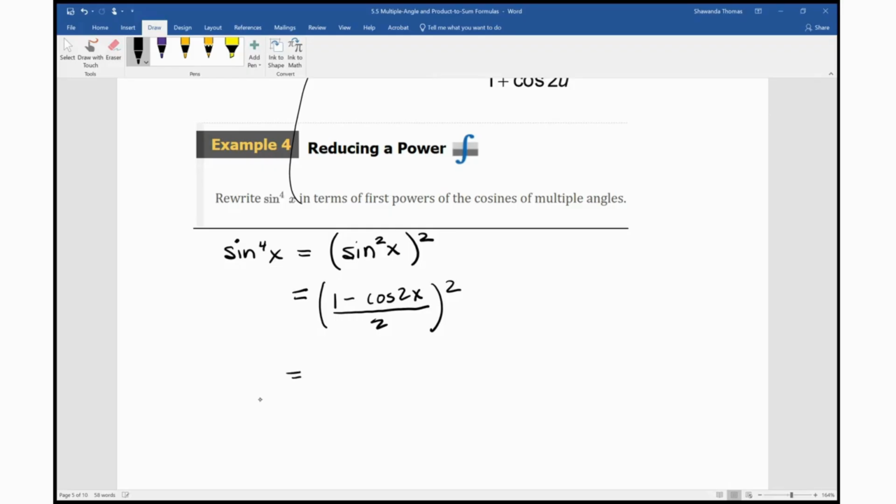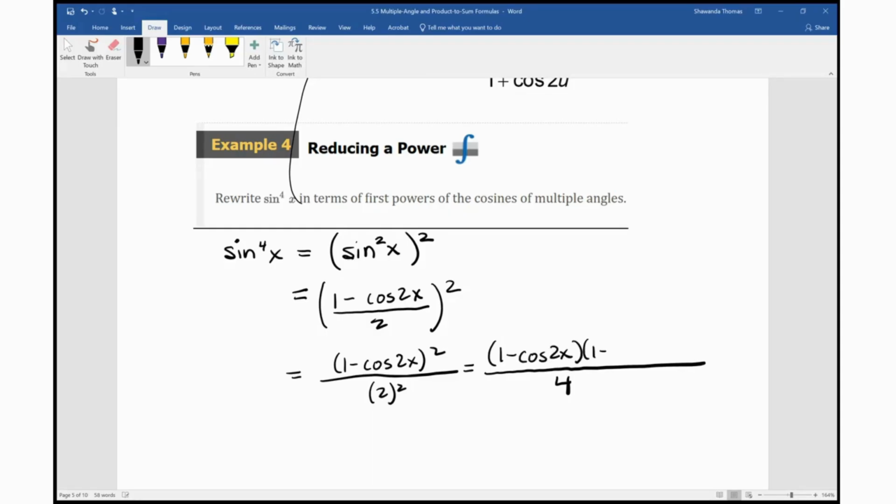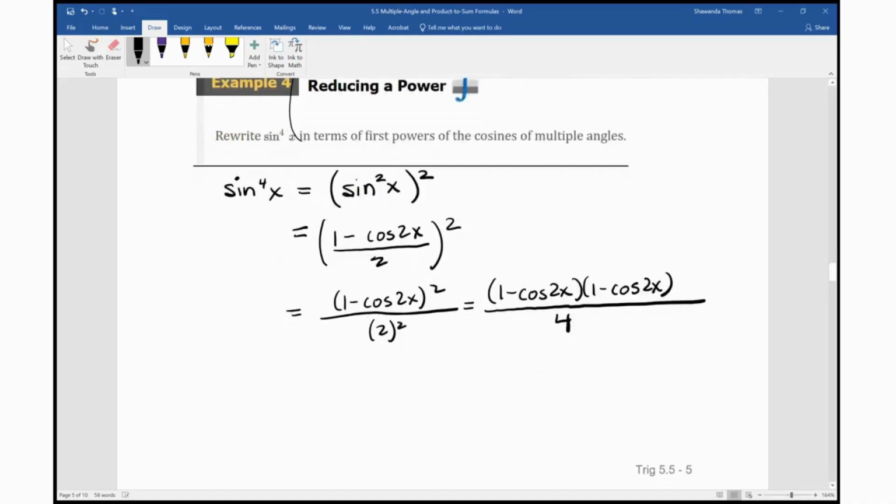Square that. That's the same thing as squaring the top part. So I'm going to break it up like this. Square the top and square the bottom. If you square the bottom, that's just 4. But if you square the top, you have to write that out twice like this. That will cause us to FOIL.